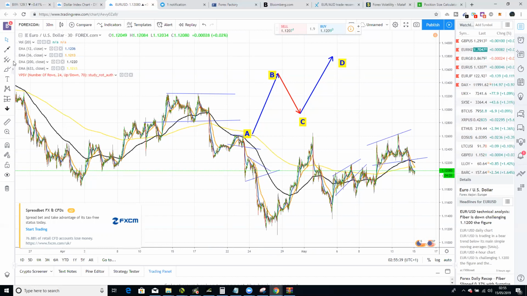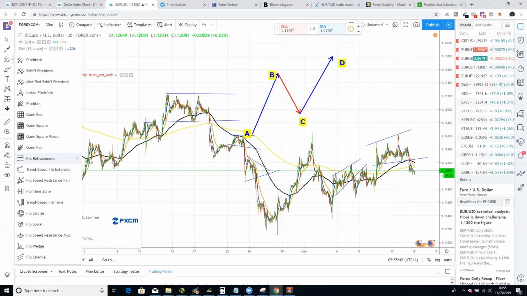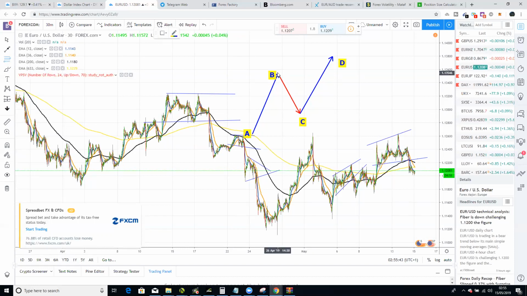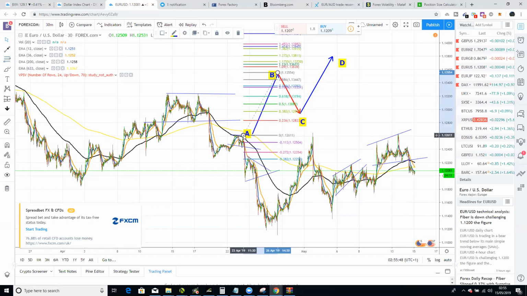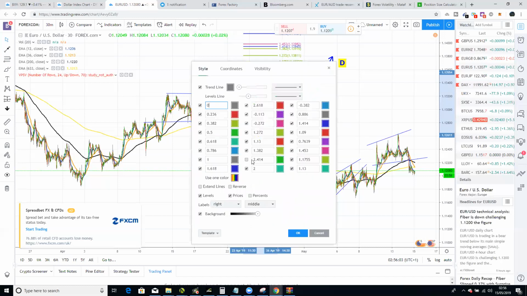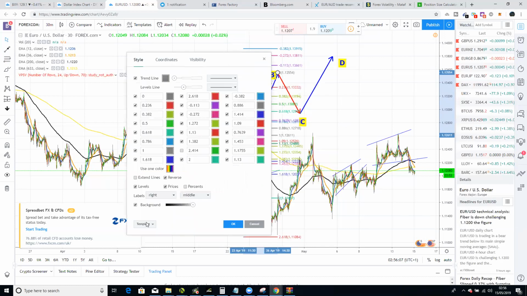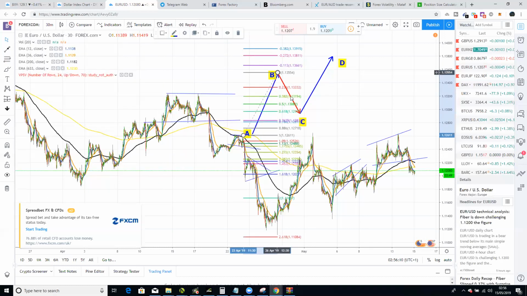So we can employ our Fibonacci, from that particular high to that particular low. In this case, we want to measure how far price retraced all the way down, so we need to reverse our Fib to measure the actual extent of this move.